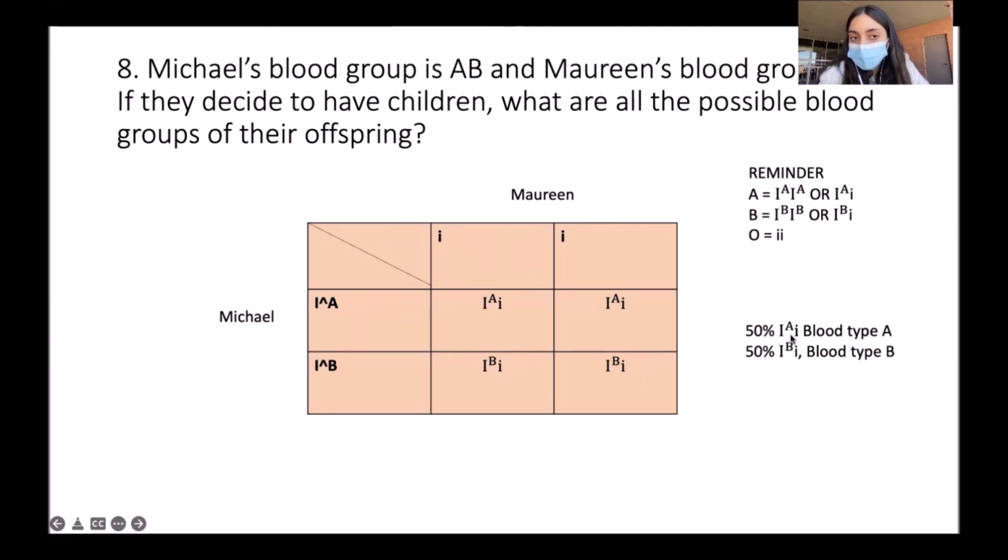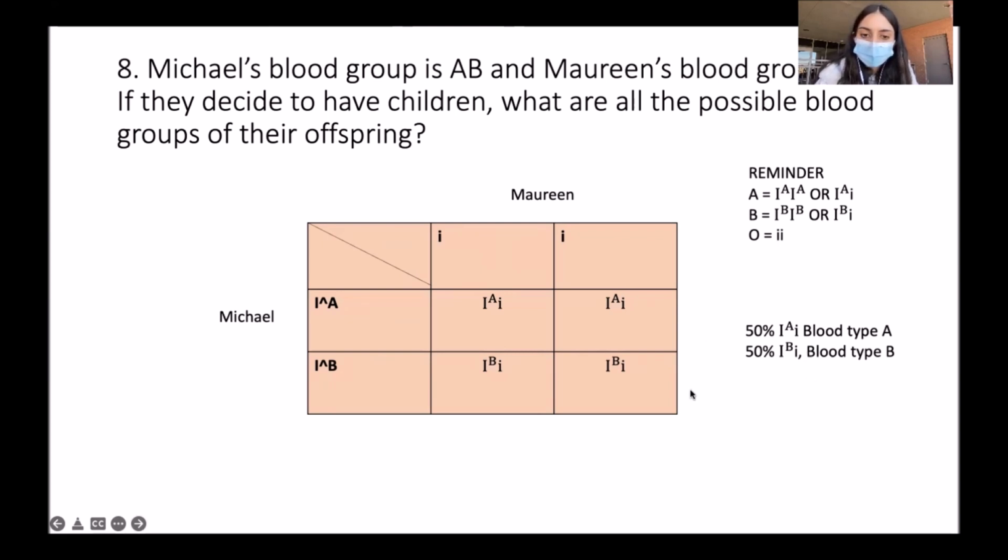And the phenotype is going to be blood type A, and that's because A is dominant over I, over O, okay? And then for the other half, we're going to have 50% blood type B, and that's the phenotype. And our genotype is this, okay?